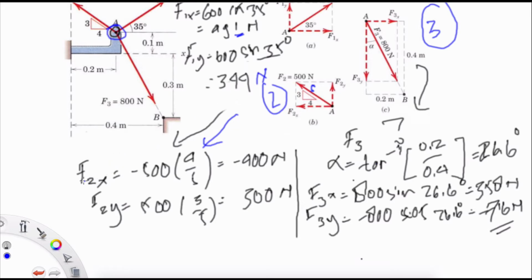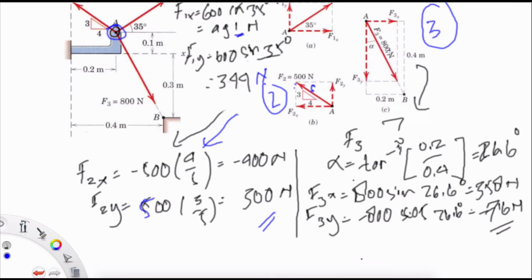So F2x will be equal to minus 500 times 4 divided by 5, because it is the cosine of this. And then the second one is F2y, F2 in the y direction. We will have 500 times 3 divided by 5, which refers to the sine, right? And then we will have 300 Newton.